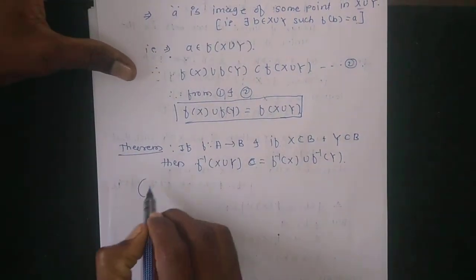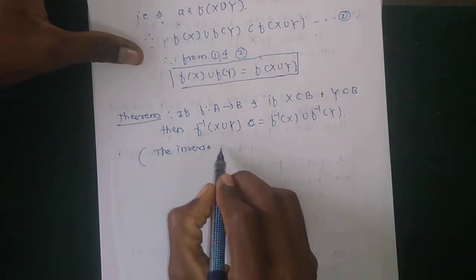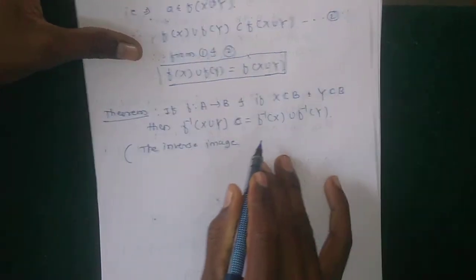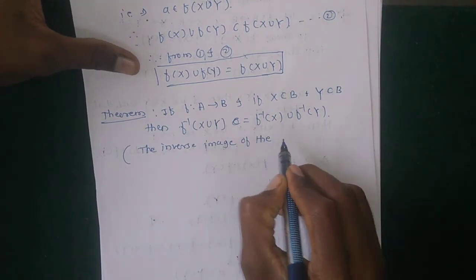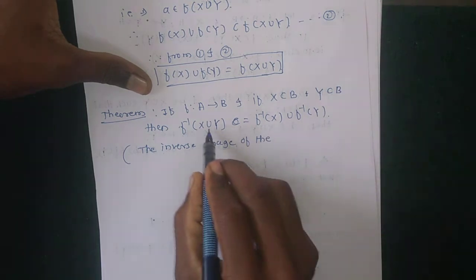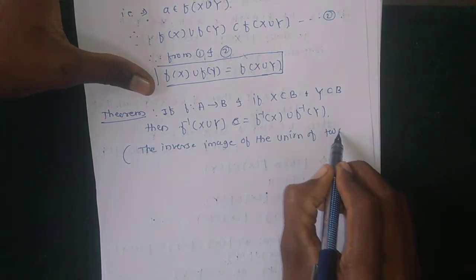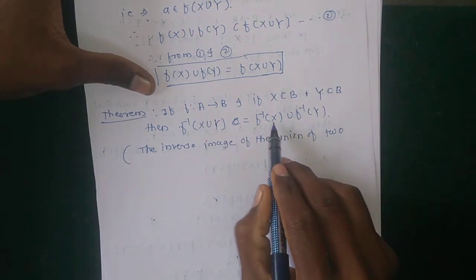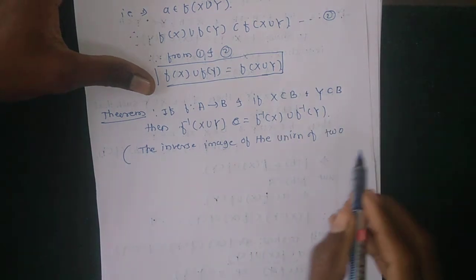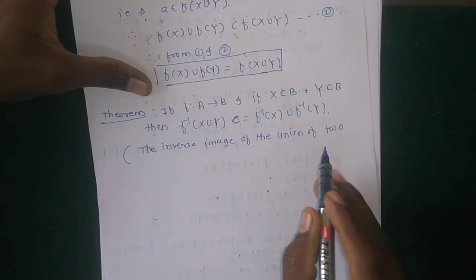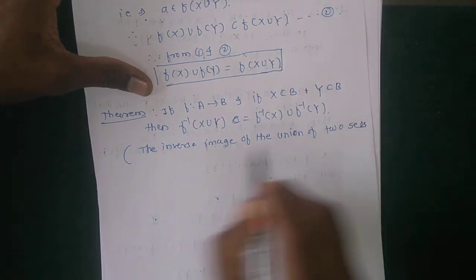Okay, here the inverse image of the function: the inverse image of the union of two sets is equal to the union of their inverse images.